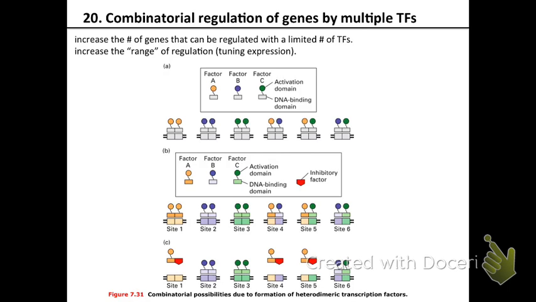All right. So add into that certain other factors like an inhibitory factor, etc. Now you can have multiple different types of genes that might be regulated by the presence of different combinations of the transcription factors along with whatever inhibitory factor there might be, right?